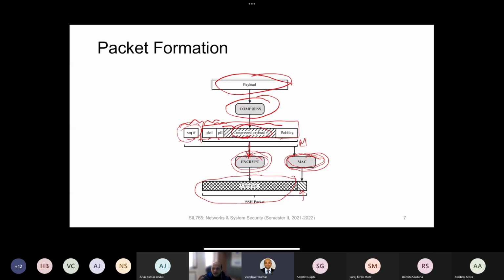You concatenate it with the decrypted data, feed it to the MAC verification algorithm, and then you see whether the MAC is verified or not. So yes, you have to do that.